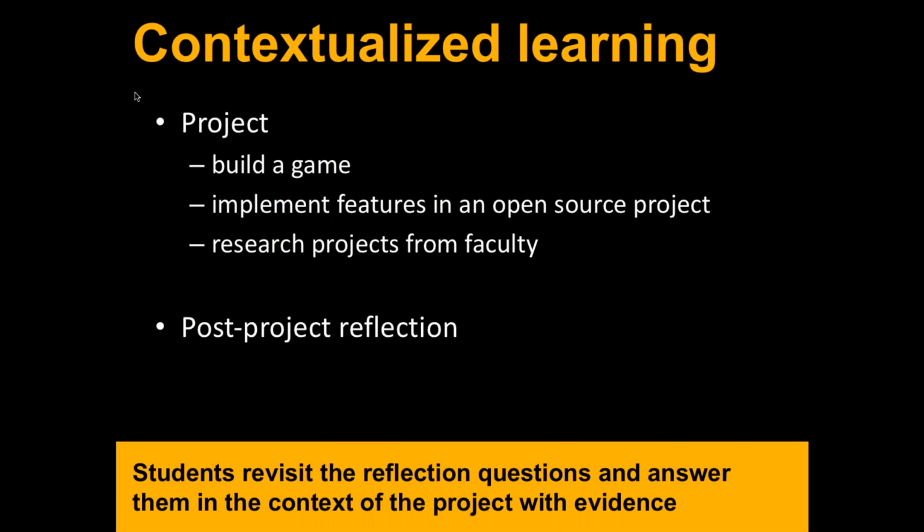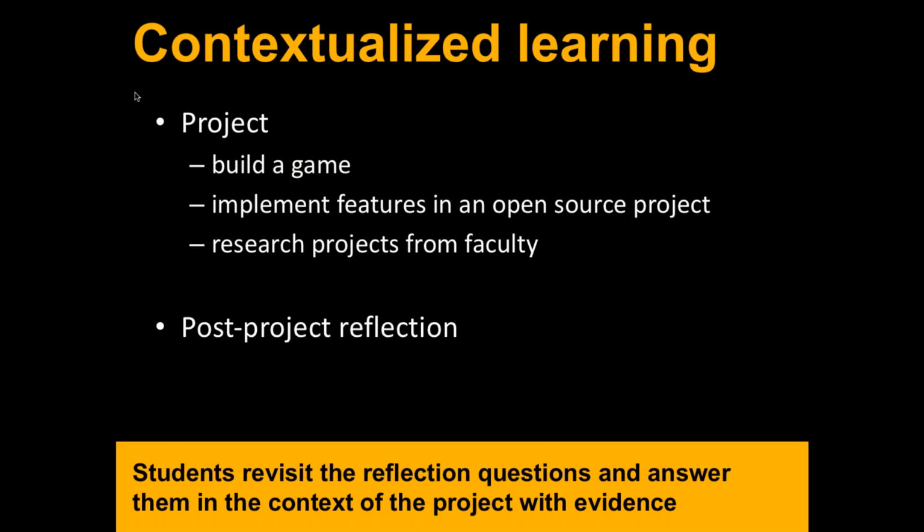Once that's done, we get into the contextualized learning, wherein you want to apply this concept, say we went over state charts, in the context of a project. Say the project is a game that the students have to build during the entire course. They're going to do some modeling for that game with a focus on state charts.